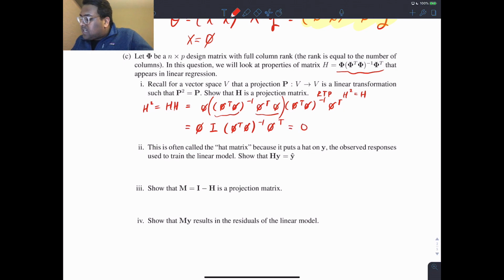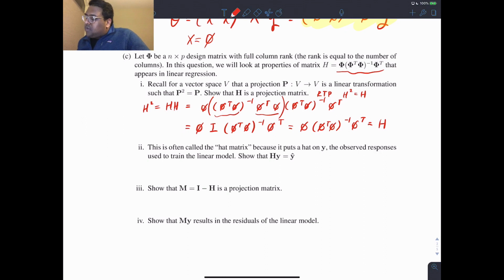That just brings us back to (phi transpose phi) inverse phi transpose with phi in front, which by definition was H. So we've shown that if we take H and square it, it brings us back to H, meaning it's a projection matrix.